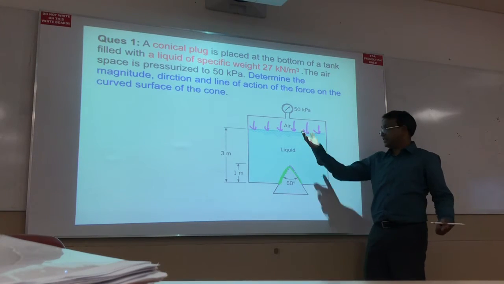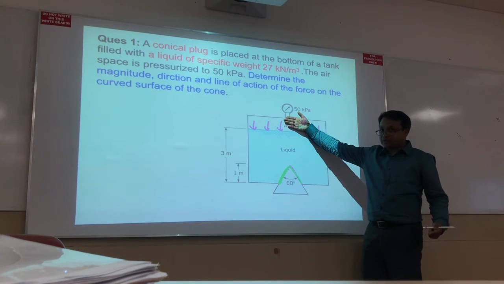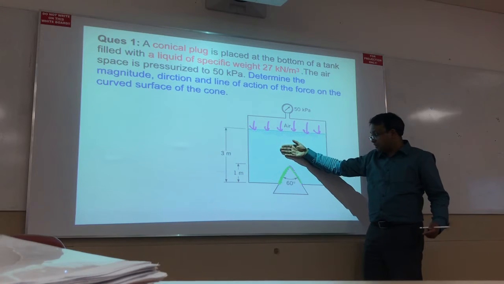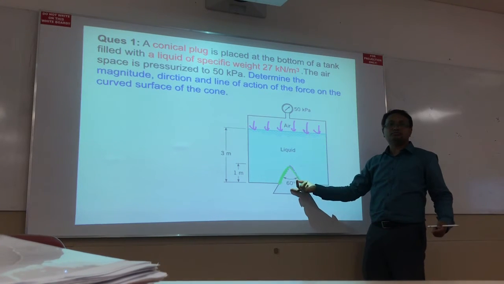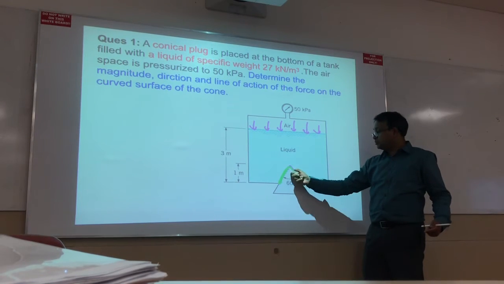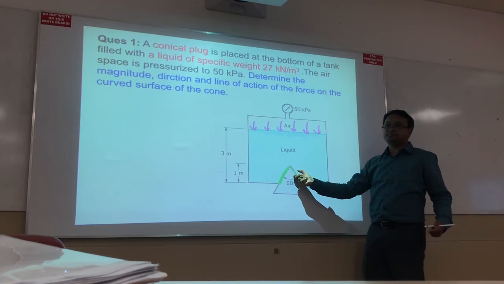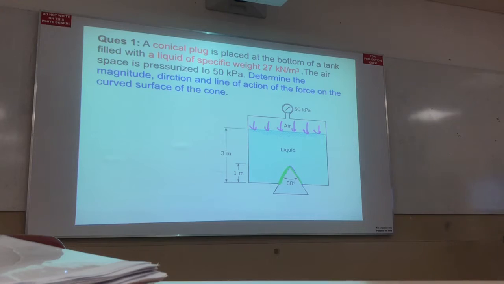By the general law, the force given by the air plus the force given by the liquid is equivalent to the force acting on the cone and supported by the bottom of the cone. Then what can I do?